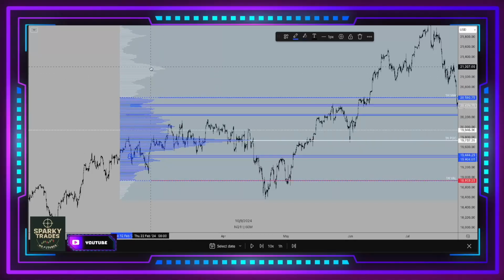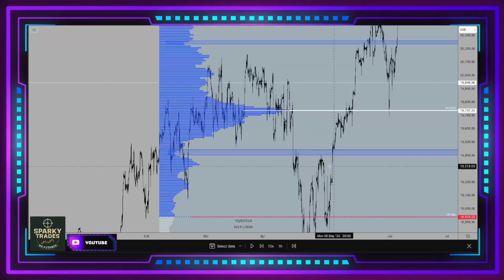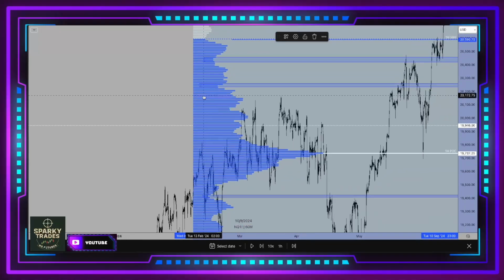There's no low volume nodes in it really. You got a point of control, value area high, value area low. But regardless, we're going to see what this gives us here. Remember, it don't always work, but the probabilities are definitely in your favor.